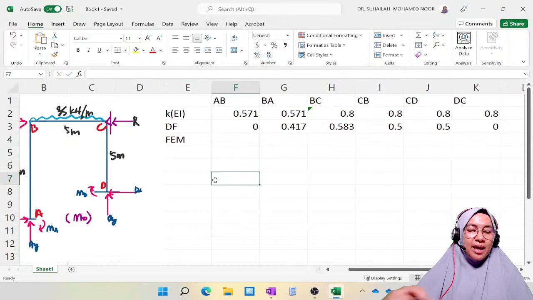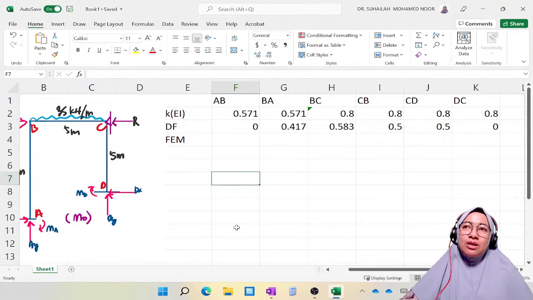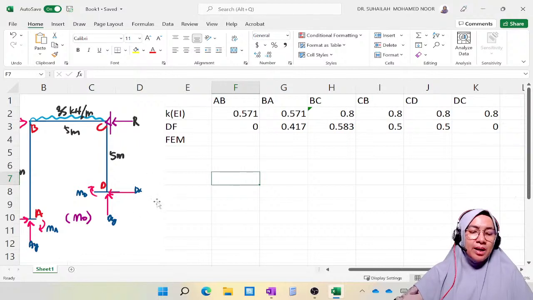By looking at the diagram, we have a value for member BC only. We don't have FEM for AB, and we don't have FEM for CD.